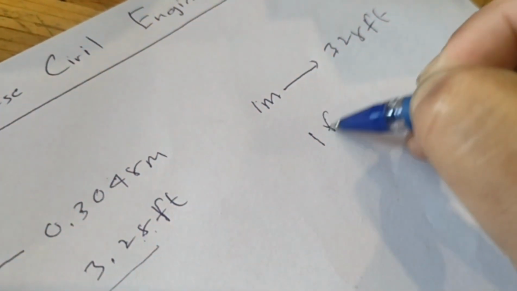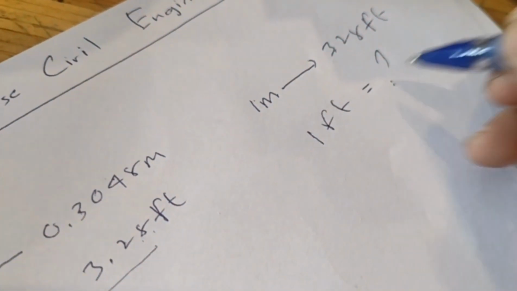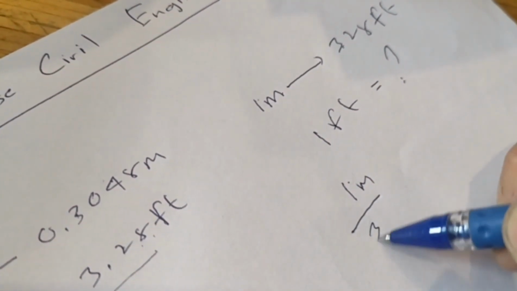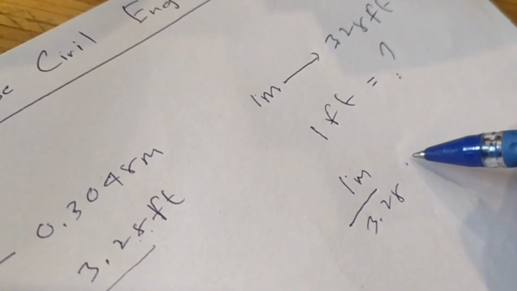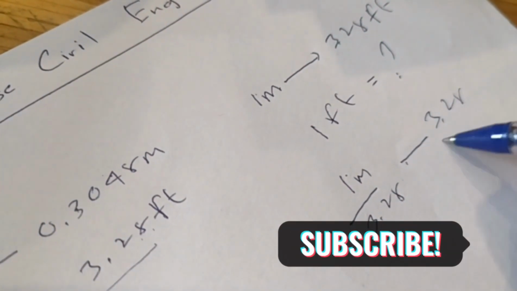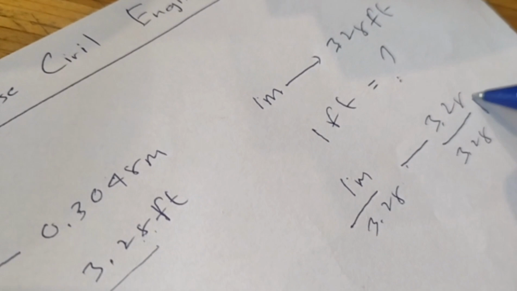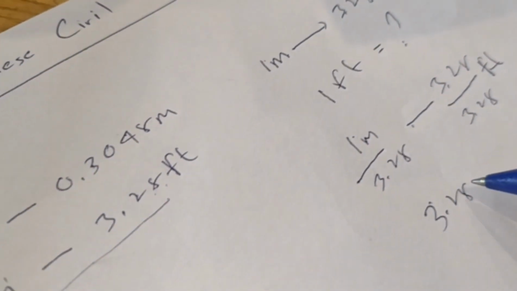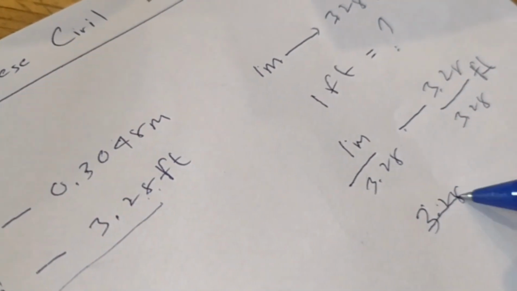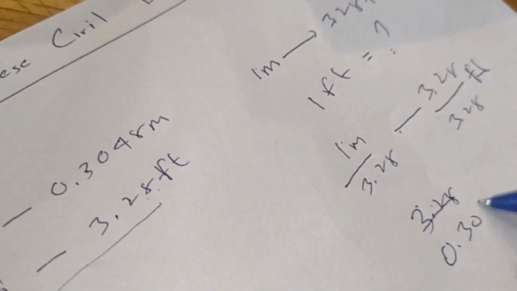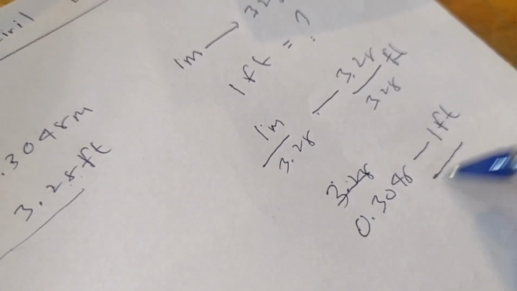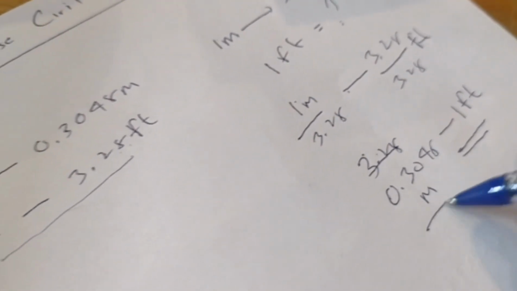So 1 feet is how much? 1 meter divided by 3.28, so 3.28 divided by 3.28 is 1, and 1 divided by 3.28 is 0.3048. So 0.3048 meter is equal to 1 feet.